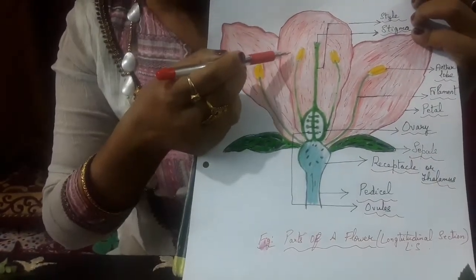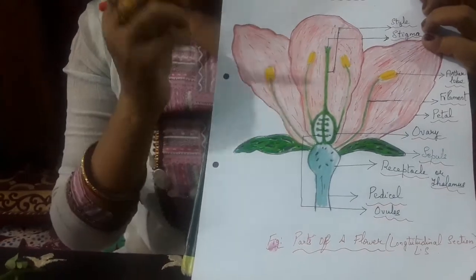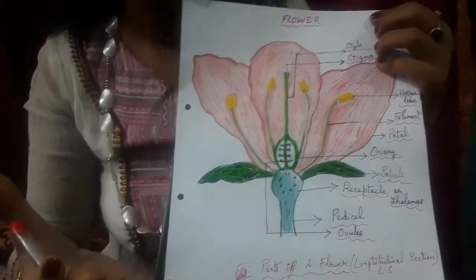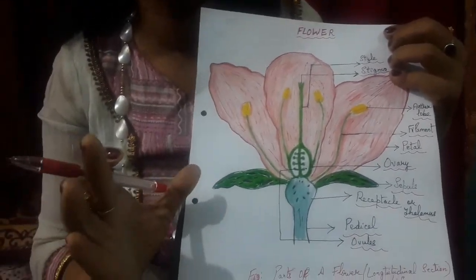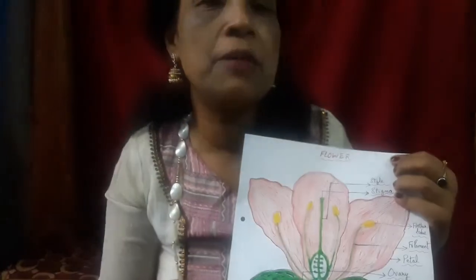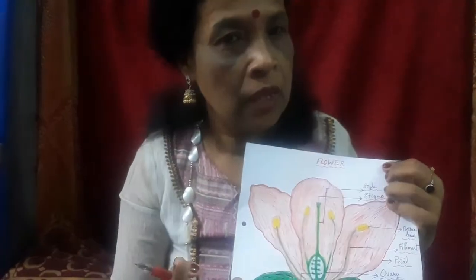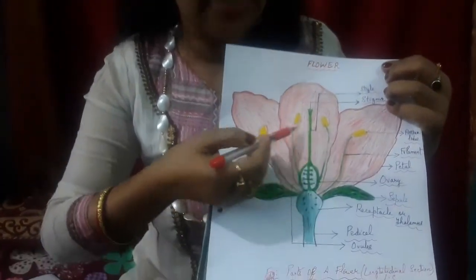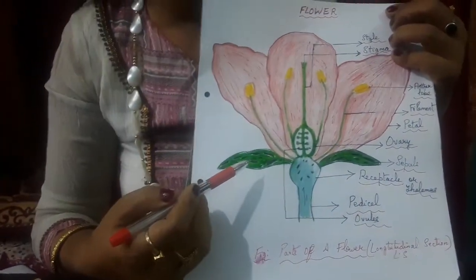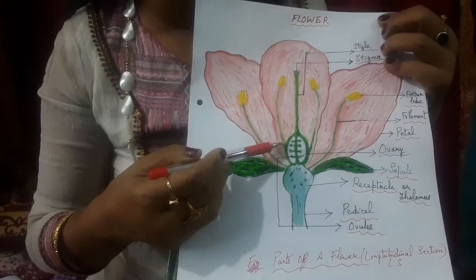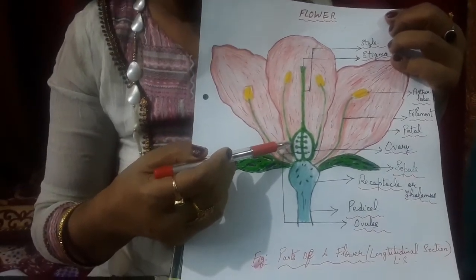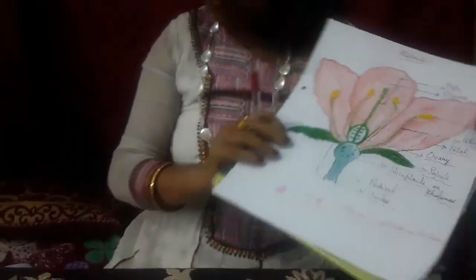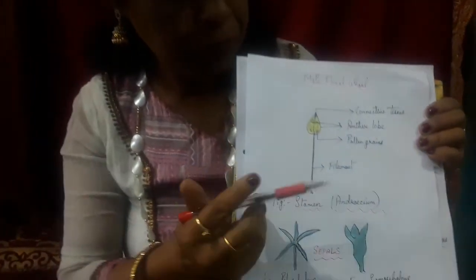Now, why is it so important? Because it has numerous pollen grains, which represent the male gamete and help in reproduction. Clear? So, the innermost floral whorl is the gynoecium or the pistil, which represents the female reproductive part. Now, there are certain other technical terms, as you can see in the diagram here.